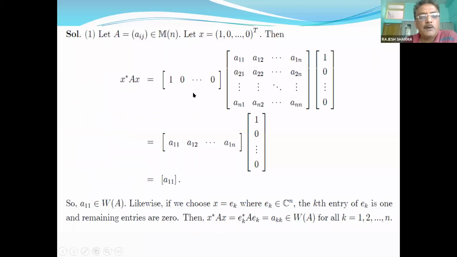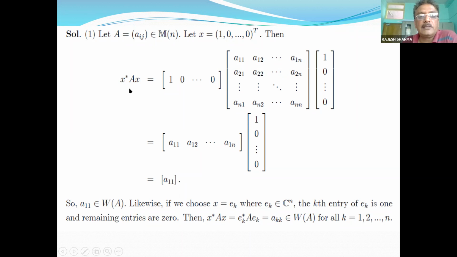For the first part, we note this A = (aij). We take x to be this vector: first entry is 1 and all other entries are 0. And then calculate this x star Ax. Here 1, 0, 0. When we calculate this matrix product, this comes out to be just a11, then a12, up to a1n, and this is equal to a11.